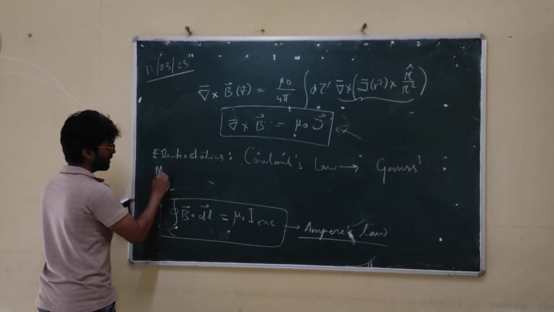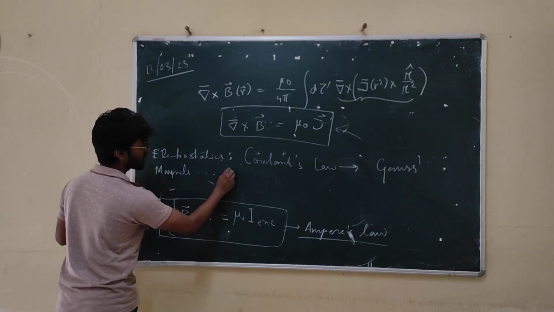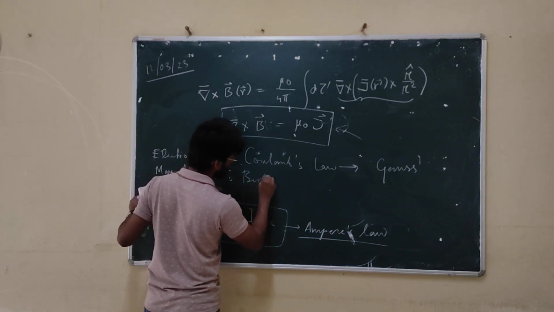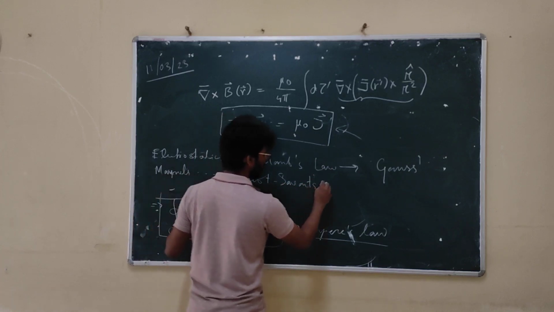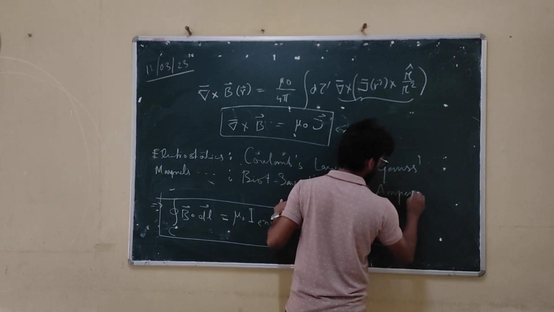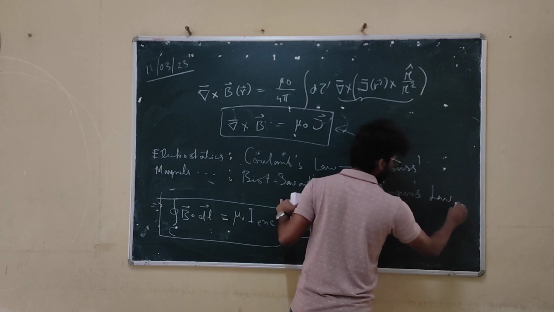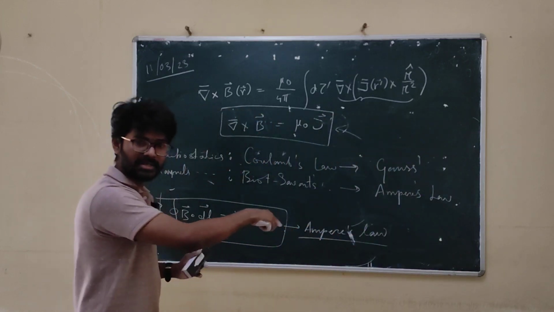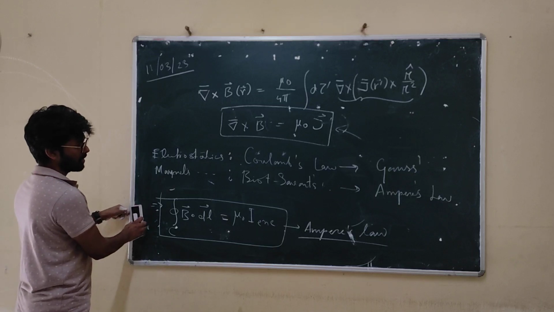Here you have magnetostatics, Biot-Savart law. And this will be your Ampere's law or Ampere's circuital law, because it's a loop always you take, so it's a circuit.